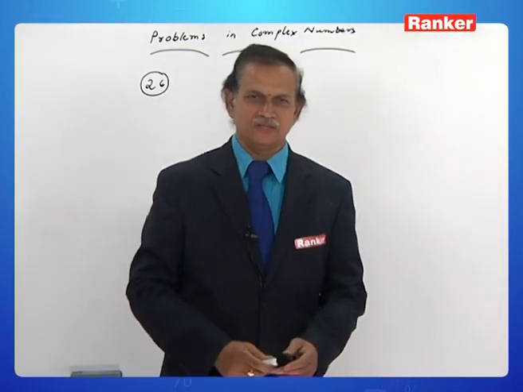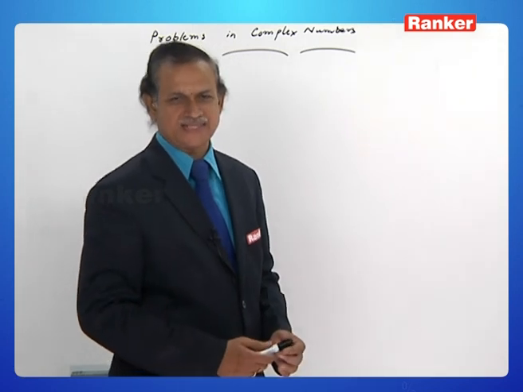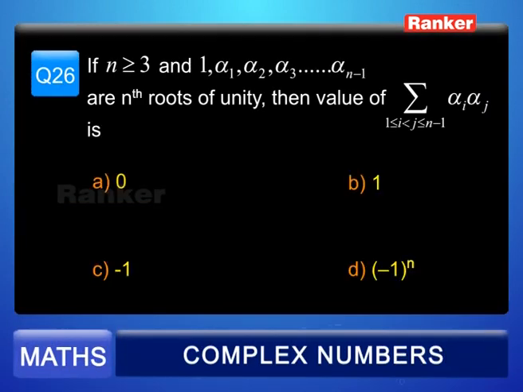Let us see the next question, that is question number 26. In this question, if n is greater than or equal to 3 and 1, alpha 1, alpha 2, alpha 3, etc., alpha n minus 1 are nth roots of unity, then the value of sigma alpha i alpha j, where i and j run from 1 to n minus 1 in the increasing order, that is 1 less than or equal to i less than j less than or equal to n minus 1, is.